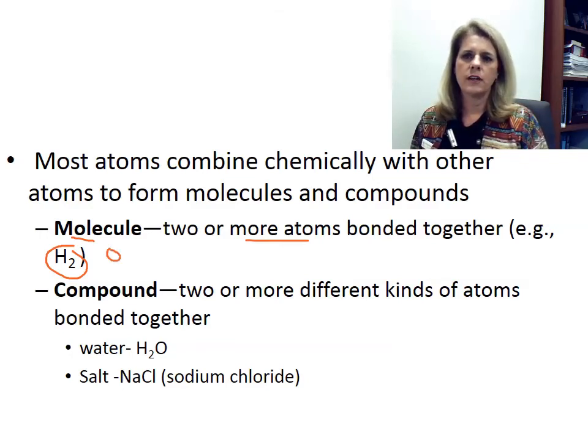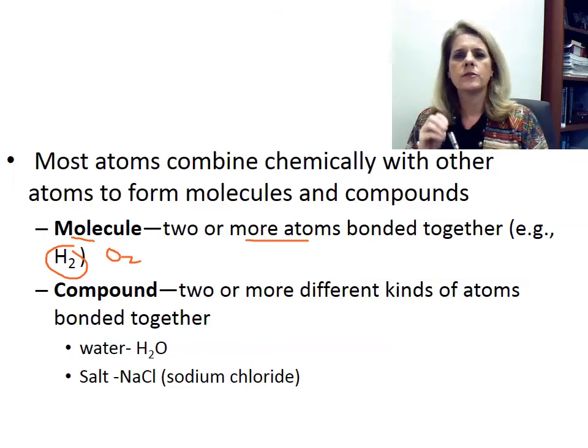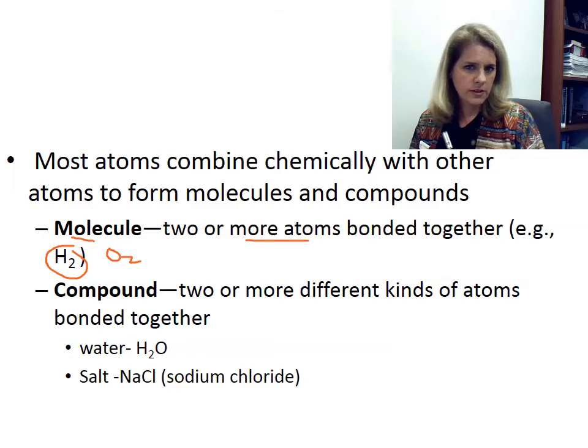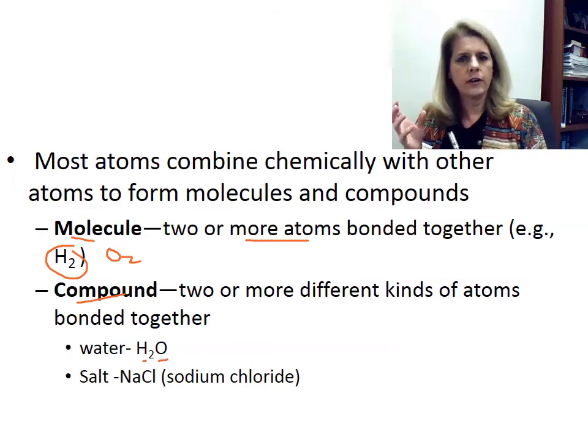A lot of times you'll see oxygen written as O2 because oxygen forms an oxygen molecule where 2 oxygen atoms come together and join and form the oxygen molecule. Now, if an element of one type joins an element of another type, we call that a compound. So, for example, water is a compound because you have hydrogen and oxygen. 2 different elements join together to form a compound.